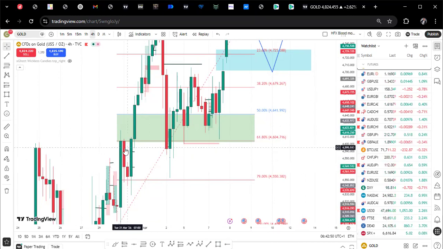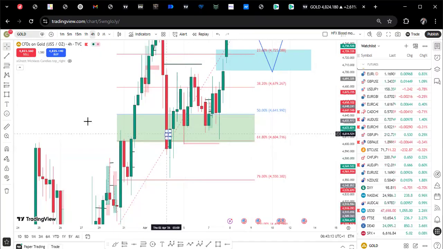Okay, wait, this is not actually giving me what I want. I'm looking at this gap here. On a later day, I'll break down this inverse FVG for us. It's also a point of interest. So imagine we have this, our FVG one, we have the area of interest two.